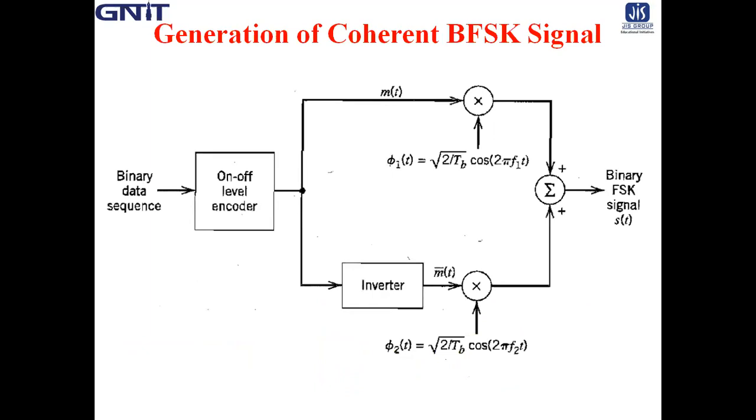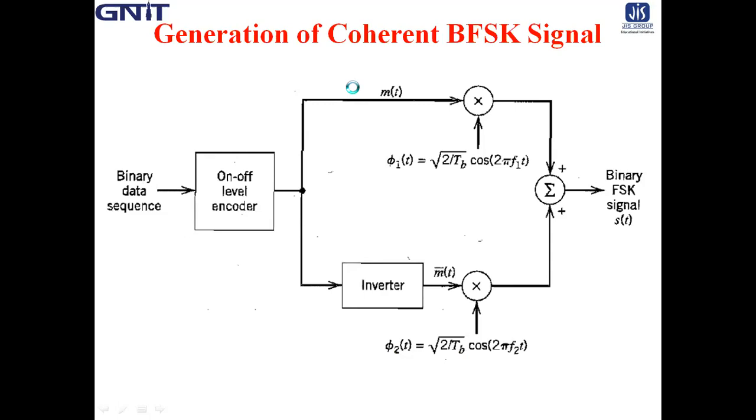Next is the generation technique for the coherent BFSK signal. How to generate the coherent BFSK signal? To generate a binary FSK signal, the block diagram shown here is the block diagram for generation of a coherent BFSK signal.